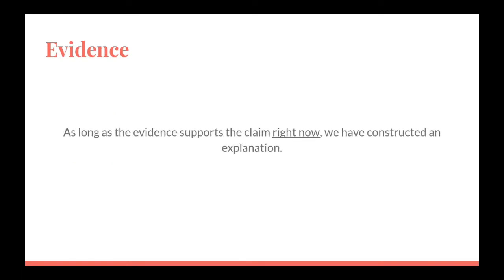At this point, your child will probably only have about two pieces of evidence: that the liquid is colorless and that it sloshes around inside the cup. As long as the evidence supports their claim right now, they have a scientific explanation. They might say the liquid is water, or vinegar, or maybe rubbing alcohol or nail polish remover, and all of these answers would be supported by the evidence we have.